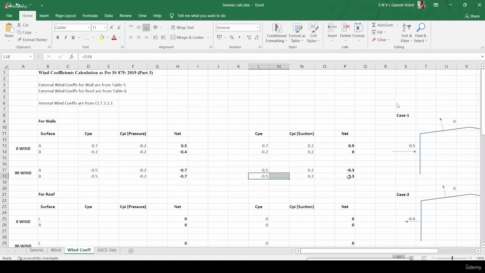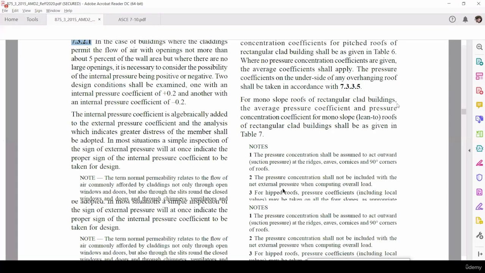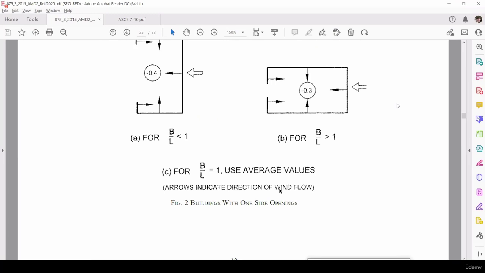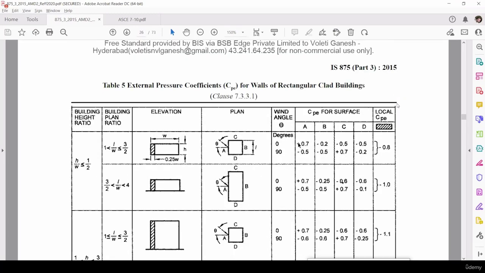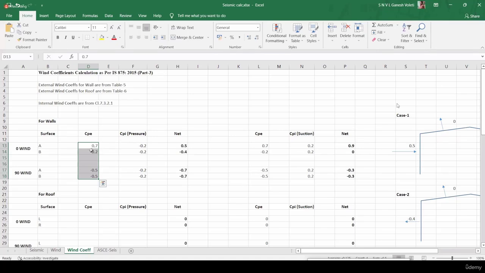Here also it is the same. We are using the same coefficients we got in table number 5: plus 0.7, minus 0.2, and the critical minus 0.5 from both. We are using them as external coefficients here.